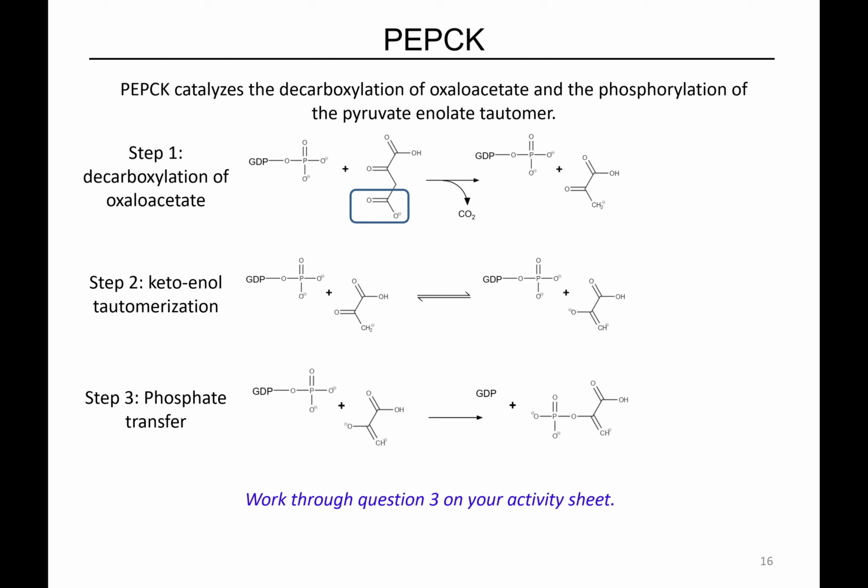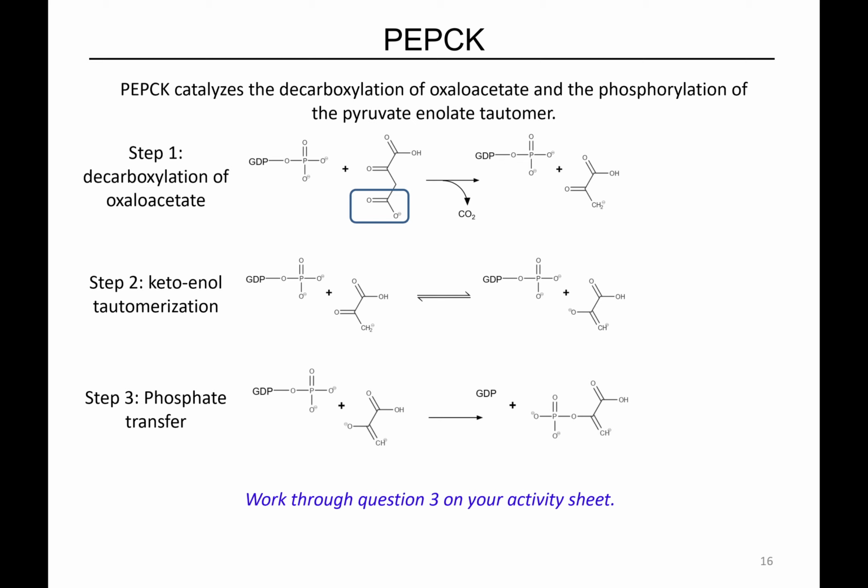So 3 steps. The first 2 are very, very much linked, okay? So in the first step, we have decarboxylation of oxaloacetate, okay? And this proceeds in a way that you'd expect, right? Remember, I tried to stress a lot that decarboxylation always happens in the same way, okay?